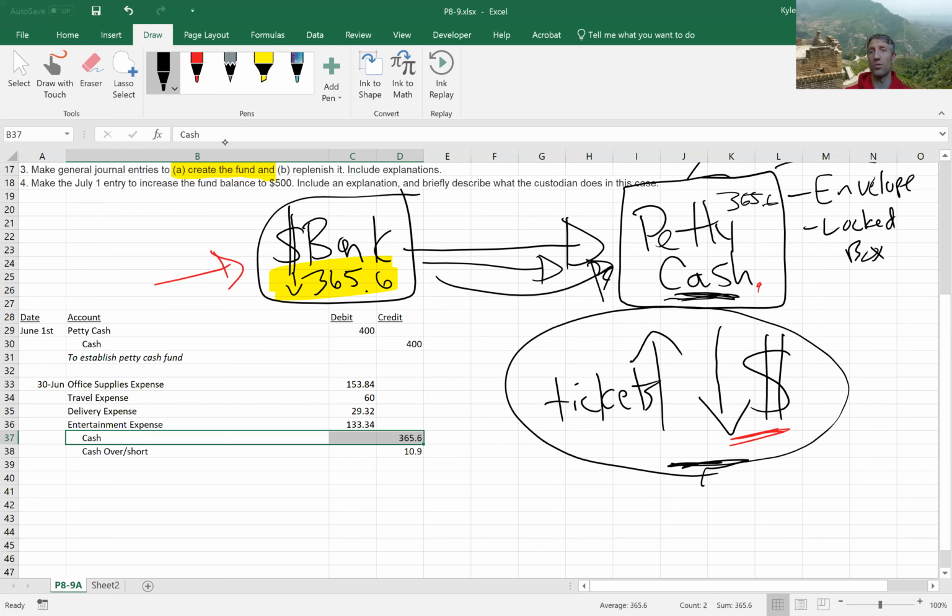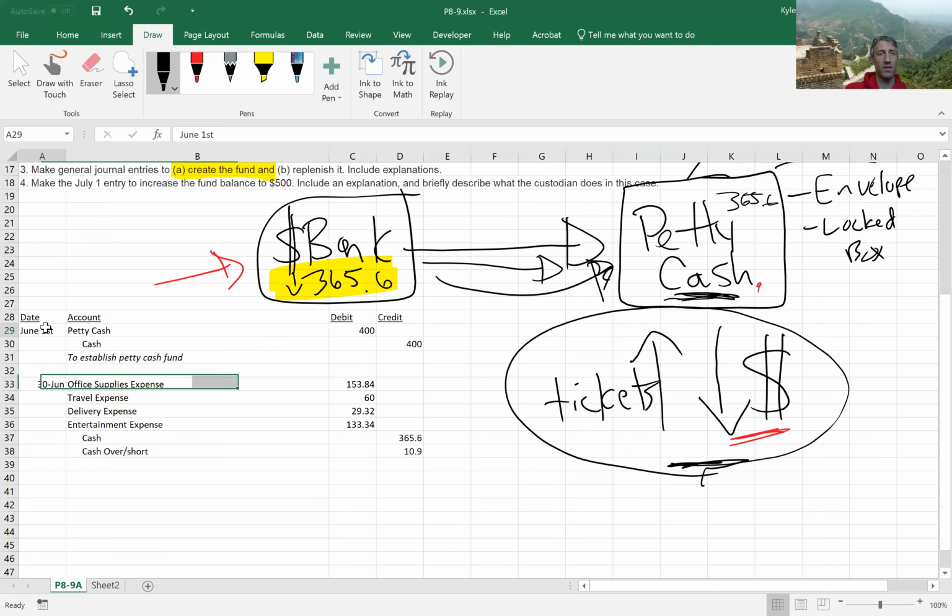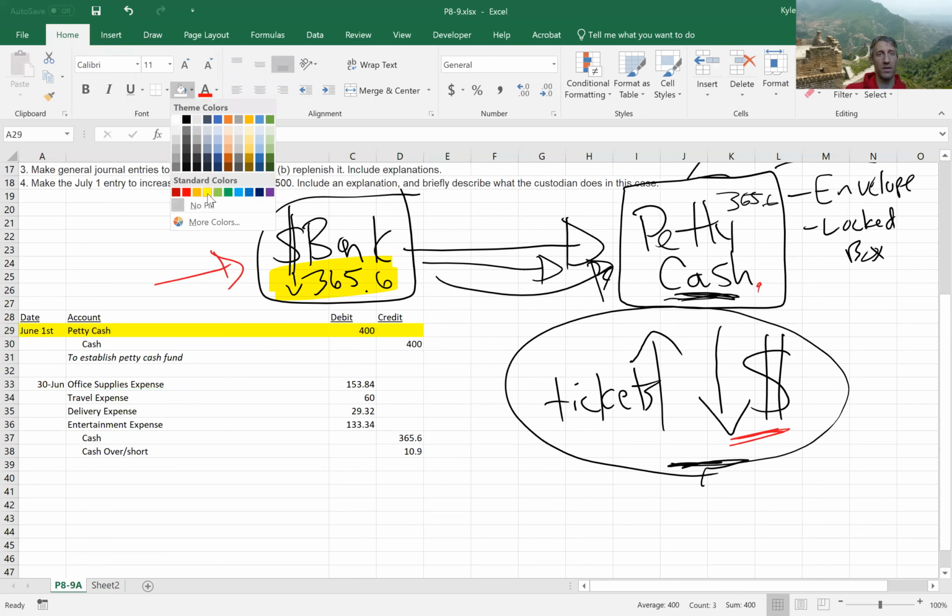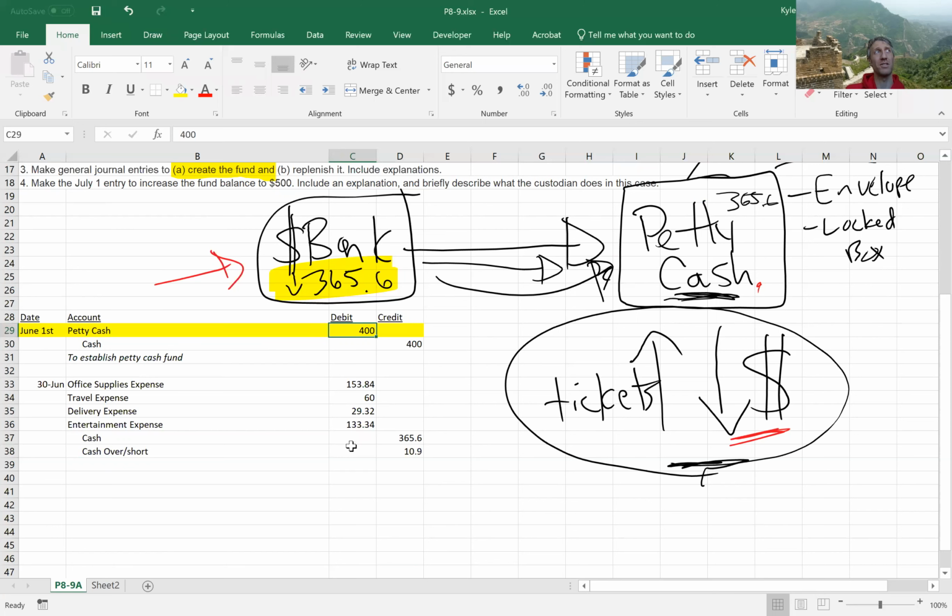The answer to that is no, and let's just think about this for a second as to why. At the very top, we already debited petty cash right here. So petty cash already has a debit balance of $400. The amount of cash in it just didn't match that 400.